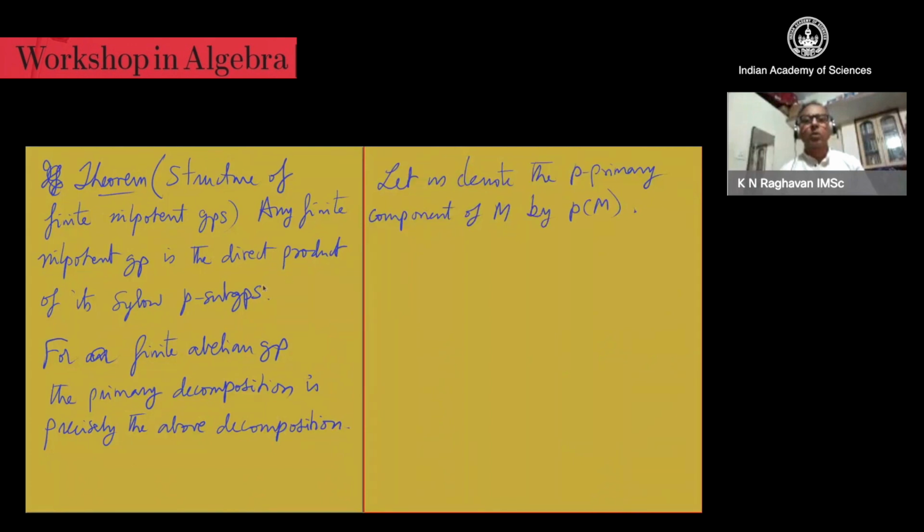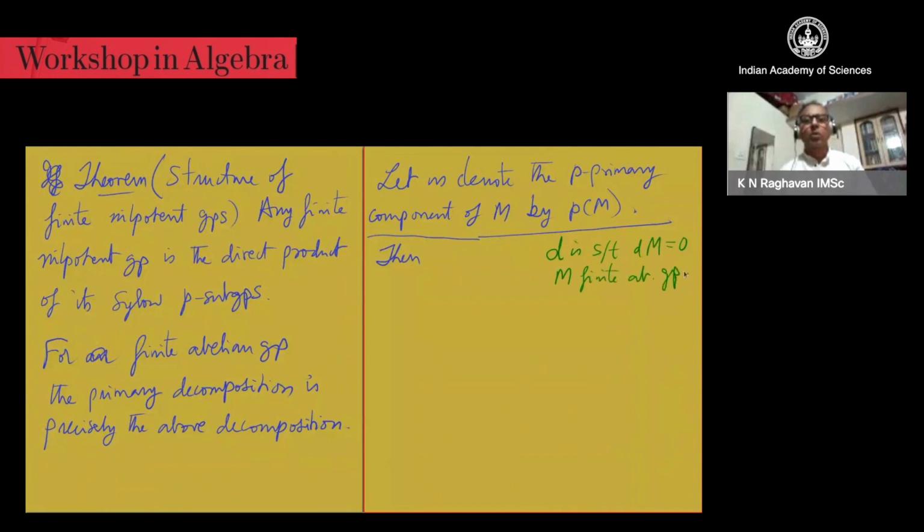Then the primary decomposition theorem says, once again, I'll repeat here, what's our hypothesis here? D is such that dM is 0. M is a finite abelian group. That's our notation.